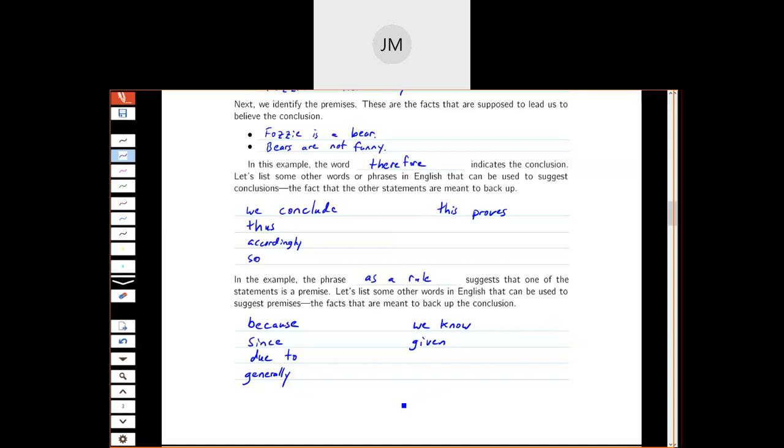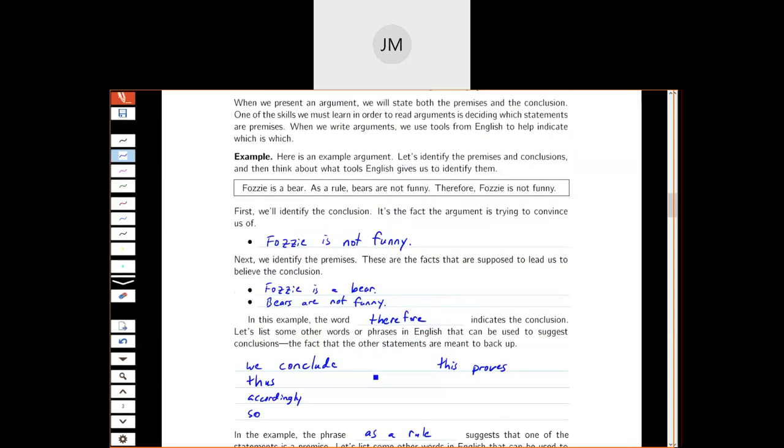Now, one of the things I want you to notice is that when we made our argument, "Fozzie is a bear" didn't have any other language around it to indicate if it's a premise or conclusion. So when you make an argument, you're not forced to write all these extra things. These are just clue words that help give you some structure, but you have to rely a little bit on context.